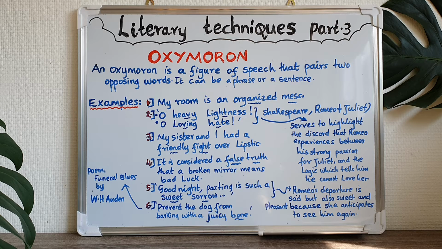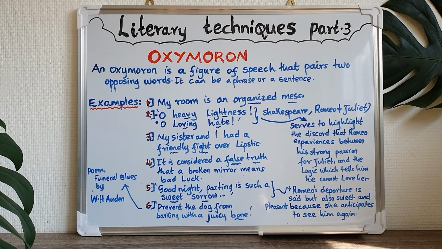They serve to highlight the discord that Romeo experiences between his strong passion for Juliet and the logic which tells him he cannot love her. So in other words, this description of heavy lightness and loving hate is a reflection of Romeo's inner turmoil, inner conflict.